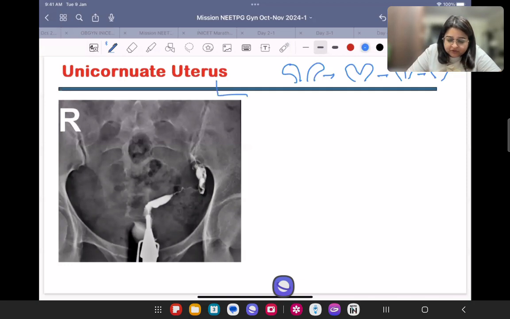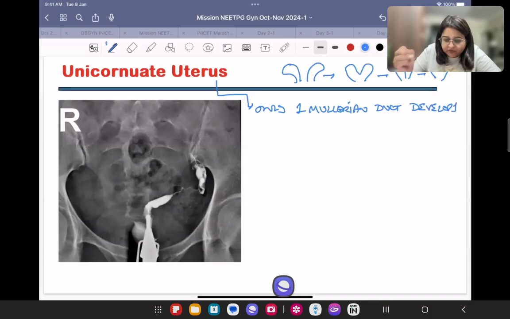Now, what is a unicornuate uterus? This is when only one Mullerian duct develops. What happens to the other Mullerian duct?